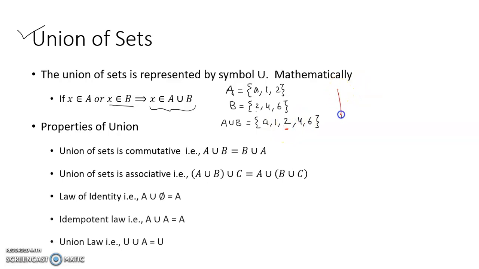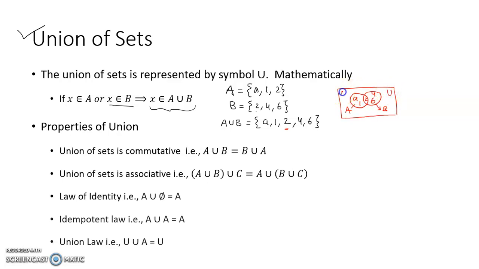If I want to represent this entire thing by a Venn diagram, then how it is going to work out is this is set A, this is set B. Now if you see, A has a, 1 and 2, while B has 2, 4 and 6.